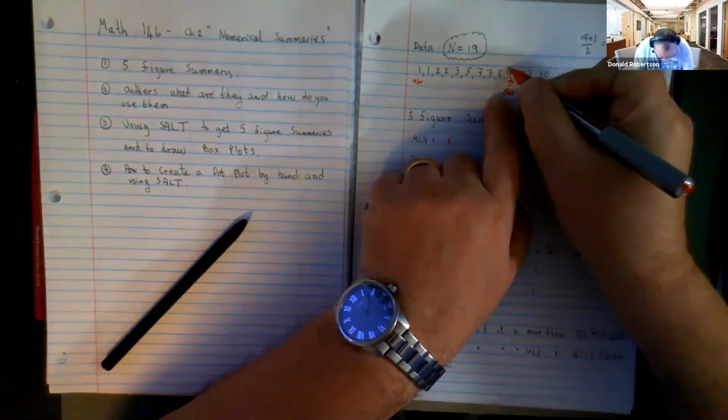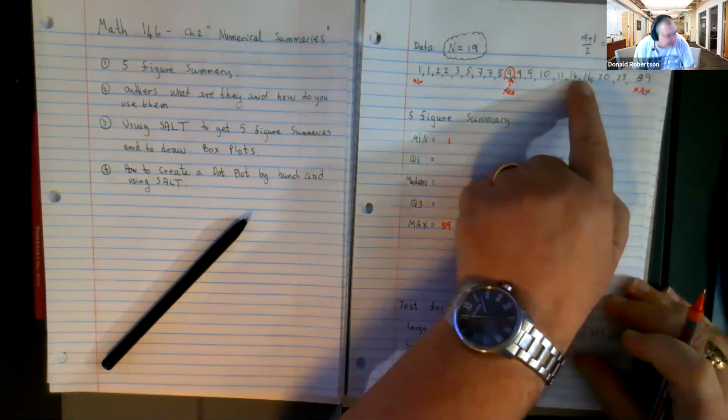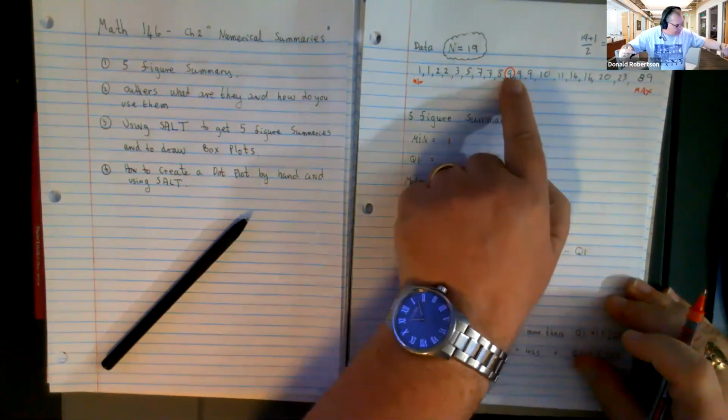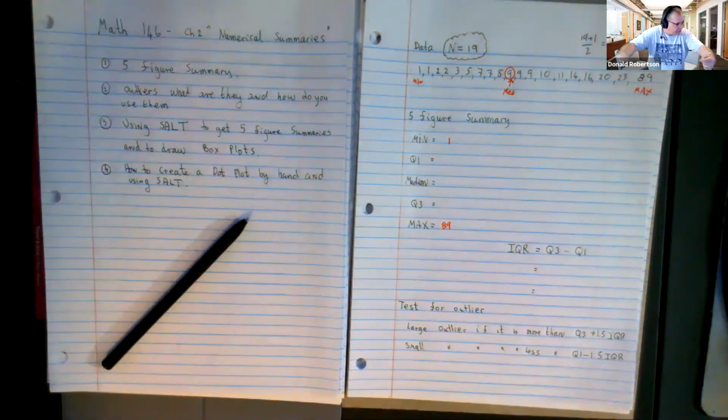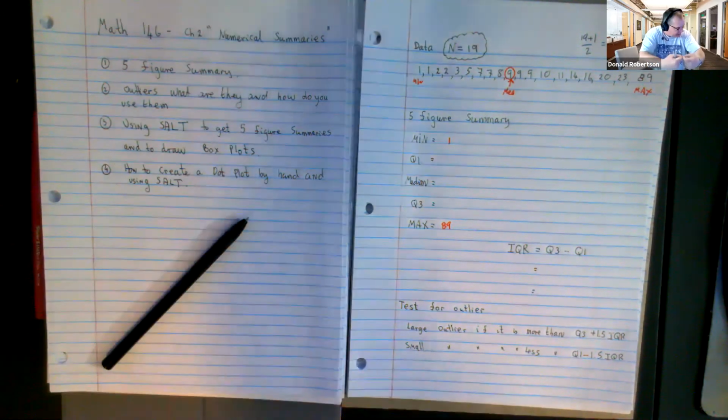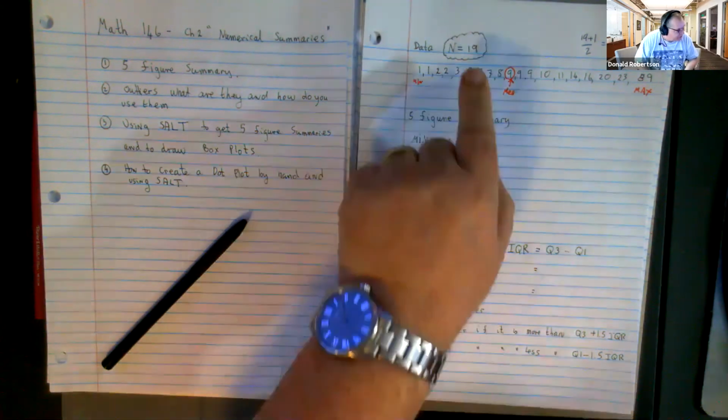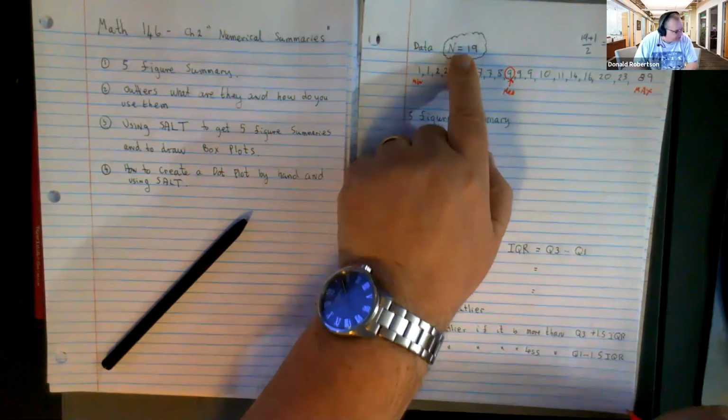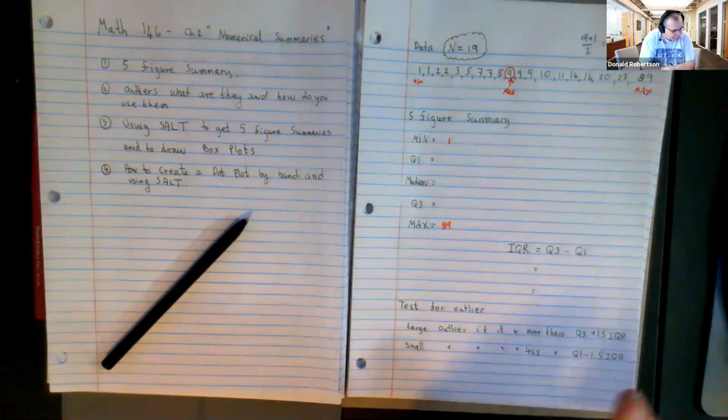Now let's check. 1, 2, 3, 4, 5, 6, 7, 8, 9, 10. Do you see how, no matter if I count from the left or from the right, don't you meet at the same place? So there's only one number in the middle, right? So when there's 7 numbers or 27 numbers, the median is a single number.